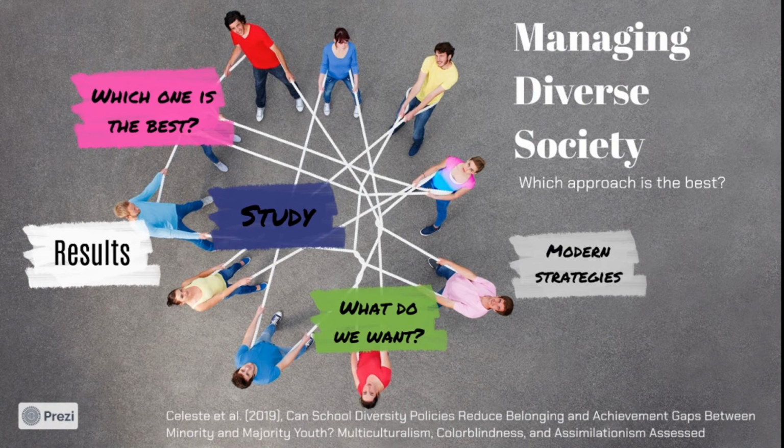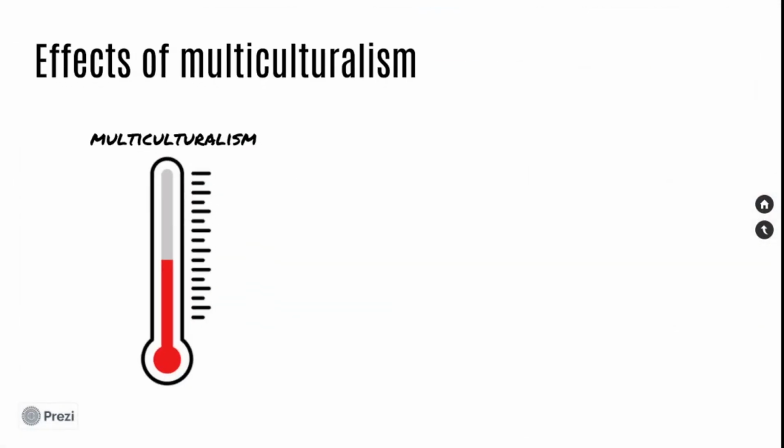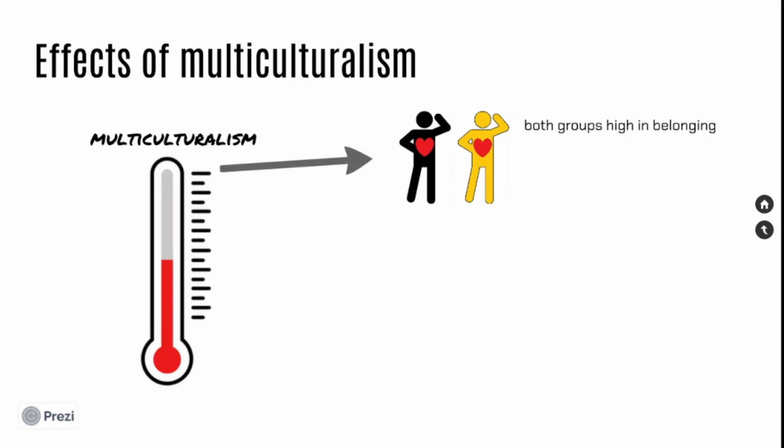Let's start with multiculturalism. In schools where multiculturalism was introduced, there was no gap between groups in belonging and identification with school. Some analysis showed that it was partially due to less belonging in the majority group. It would be consistent with some studies reporting that multiculturalism is threatening for the majority.